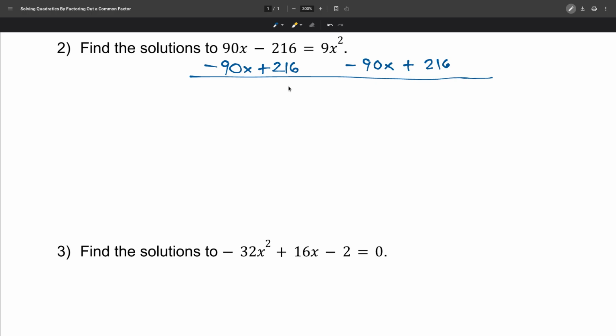So on my left-hand side, it'll become 0. That's equal to 9x squared minus 90x plus 216.